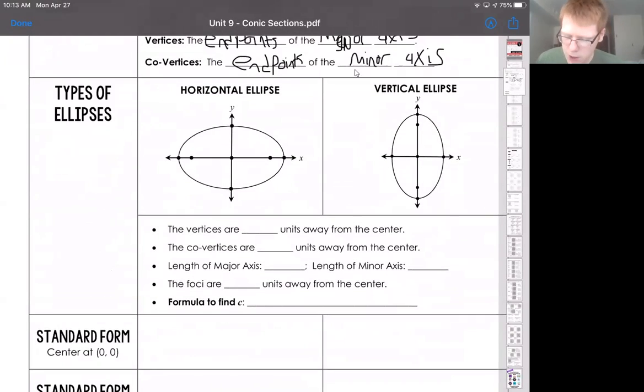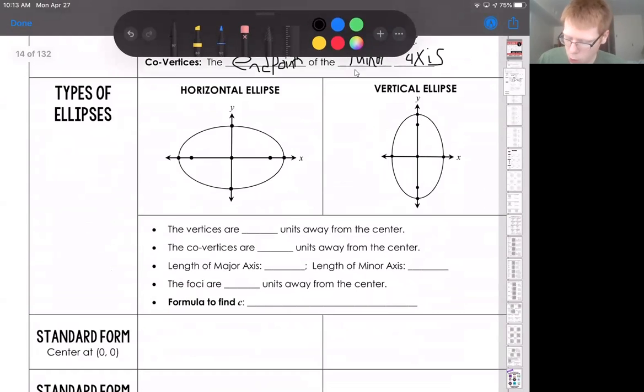So as you can see, there's two types of ellipses. A horizontal ellipse where it's longer wide ways or horizontally, and a vertical ellipse where it's longer vertically than it is wide. I'm going to add some of these vocabulary words we just talked about into this picture.